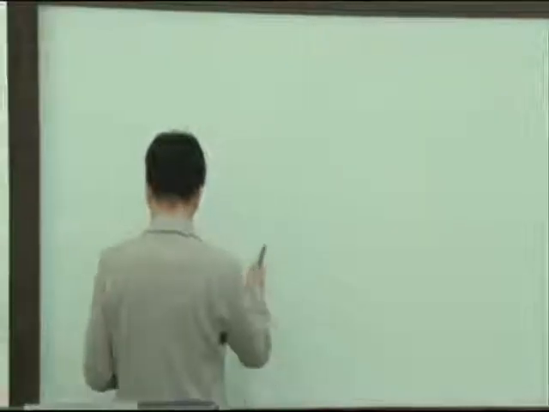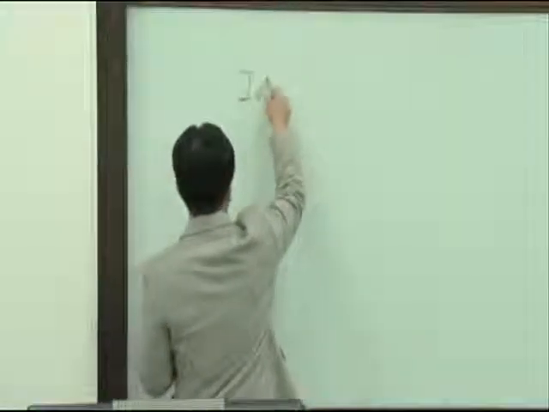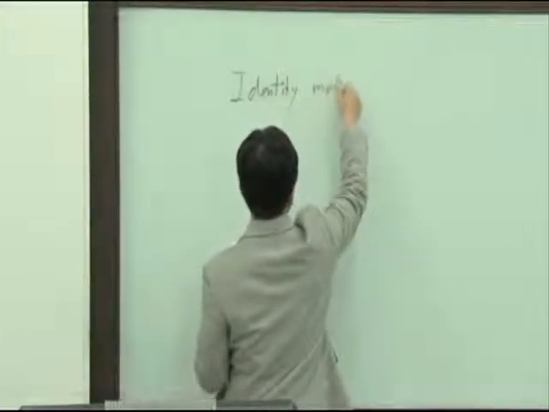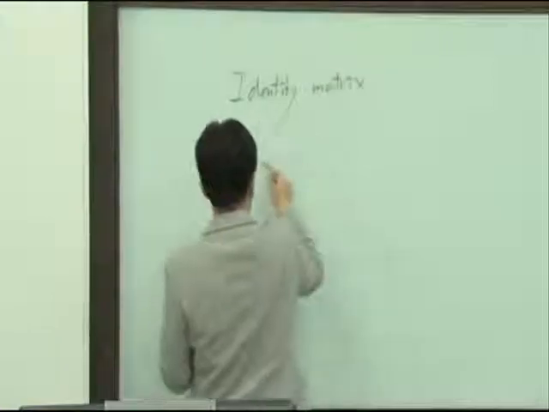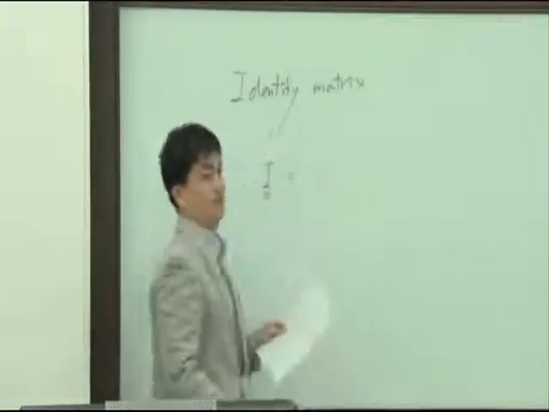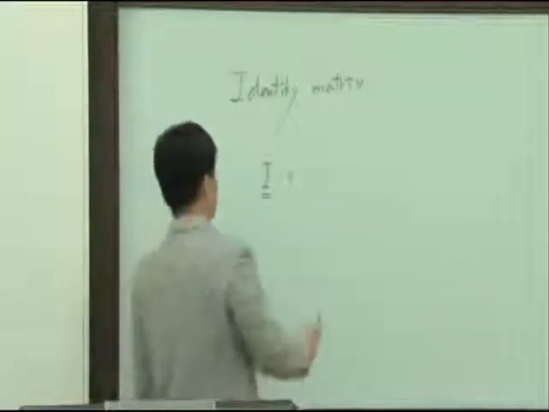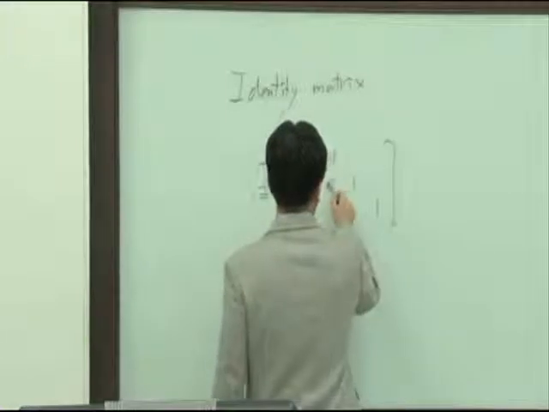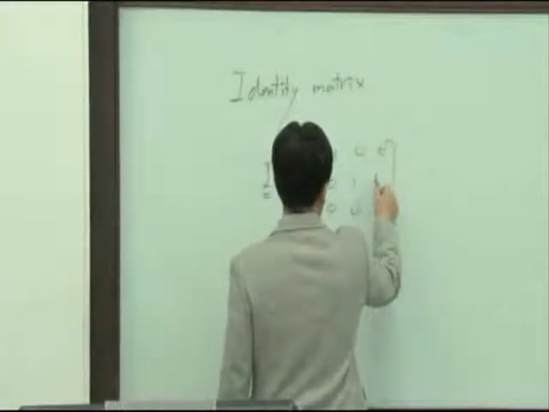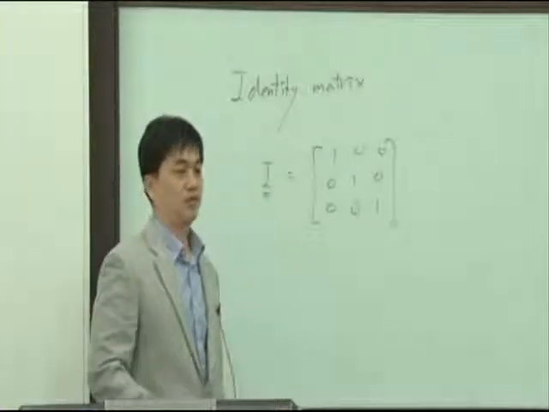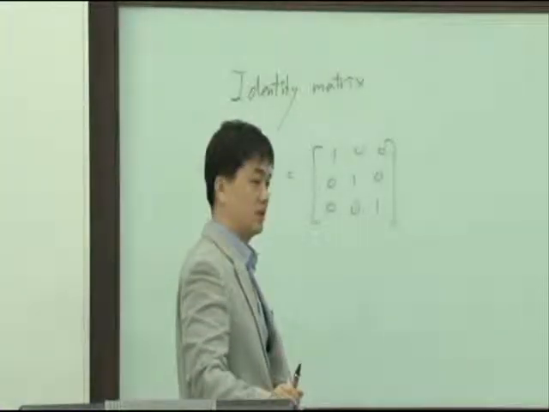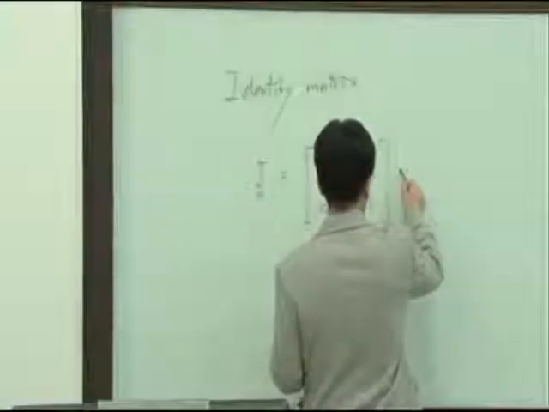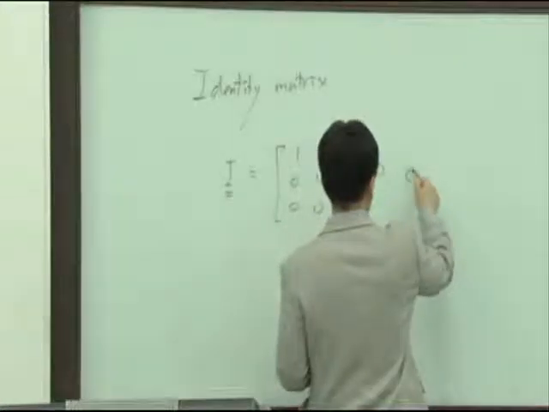Okay. And identity matrix. What's the identity matrix I? What's the identity matrix? Which has a 1 on diagonal component and 0 in off diagonal. So in tensor form, we are using delta ij.